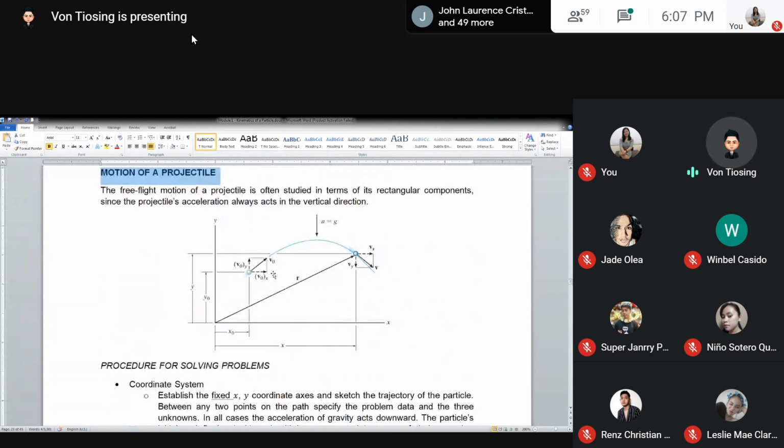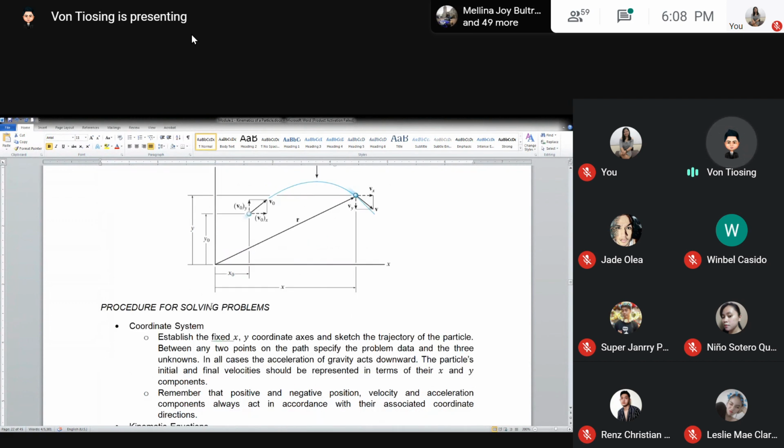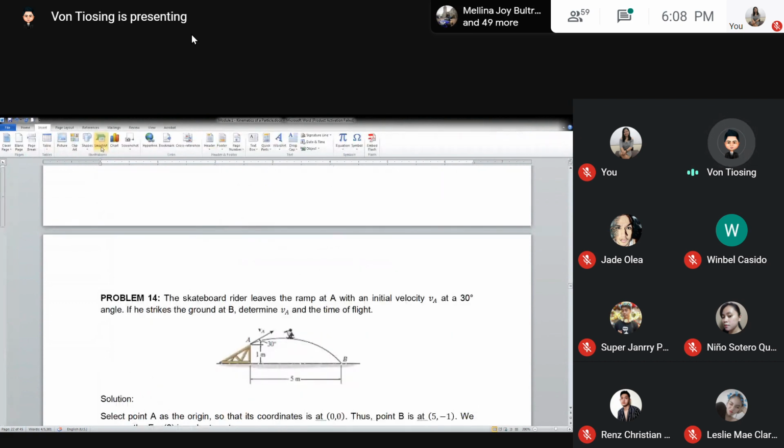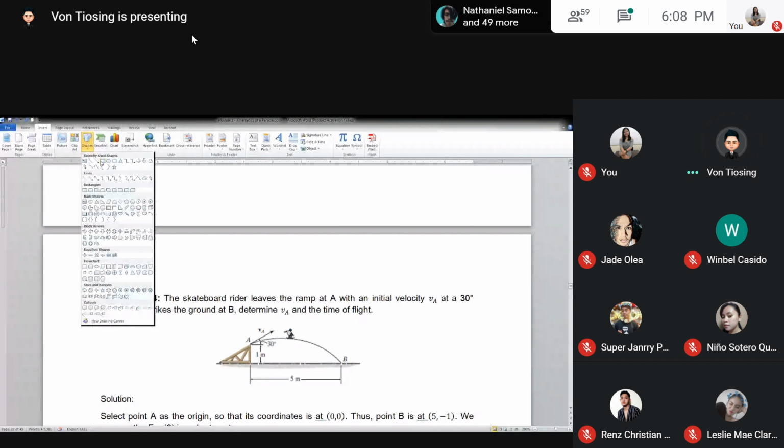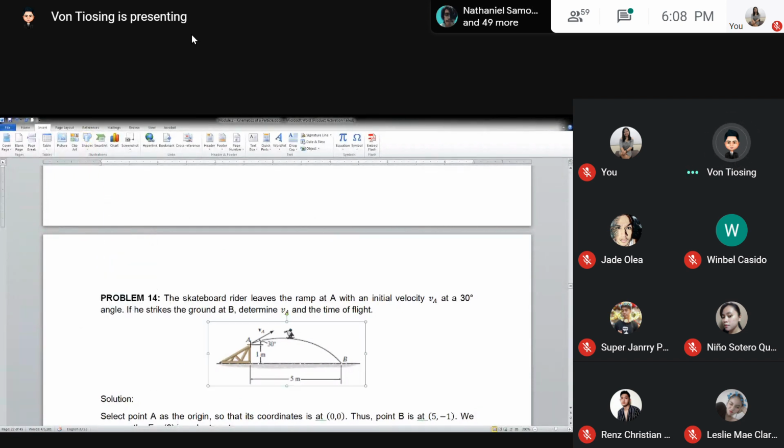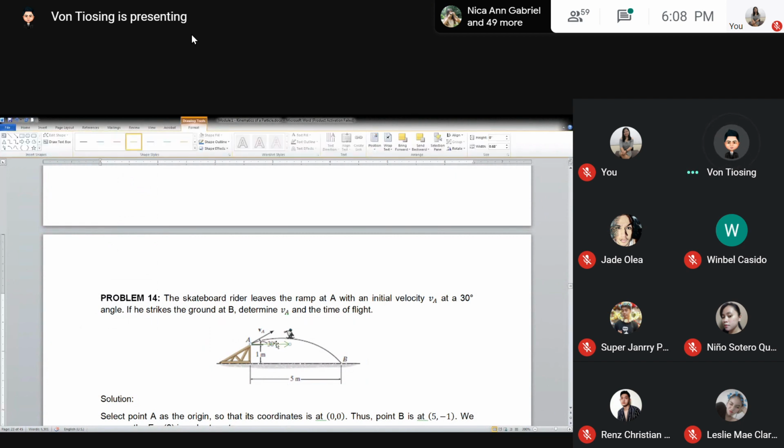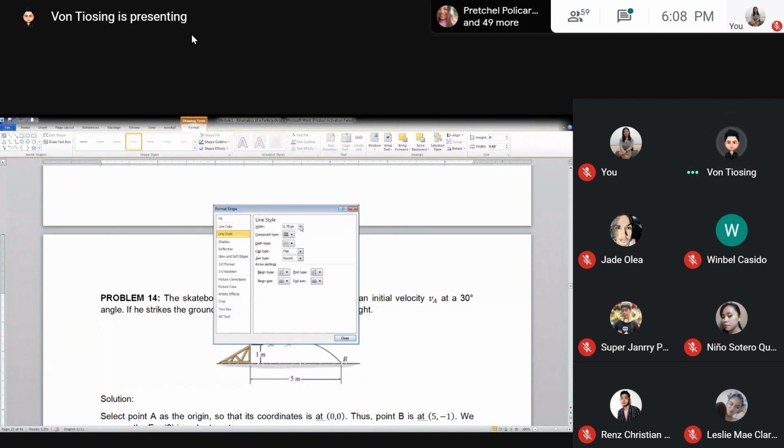Kapag ginawa mo tong figure na to, let's say dito ka nag-start, ilagay mo dito yung reference axis mo, magkakaroon ka ng initial position with respect to x tsaka with respect to y. Kaya ako, personally, para ma-eliminate itong mga x naught tsaka y naught na to, nilalagay ko yung aking reference axis doon sa kung saan nag-start yung projectile ko. Okay, dito ko nilalagay.